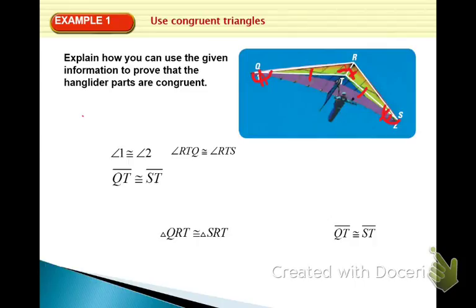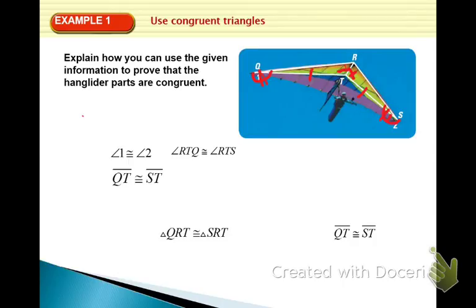This smaller angle is supplementary to angle 1, and on the right side, this small angle in the triangle is supplementary to angle 2. We have the theorem that says supplements of congruent angles are congruent, right? So by that theorem, we can say this angle is congruent to that angle.